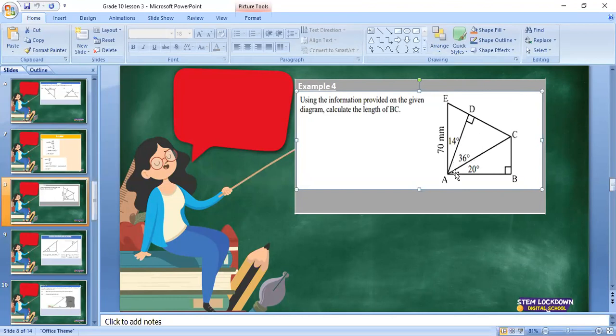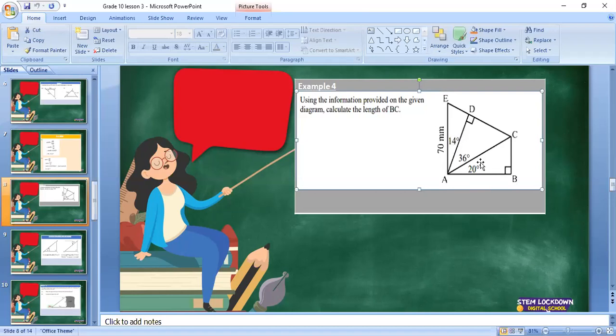So AC is your hypotenuse, and AD will be your adjacent, because this side is your opposite. Opposite is that side that is facing your angle. AC is your hypotenuse. AD is your adjacent. All right. Now, which trig ratio has what?